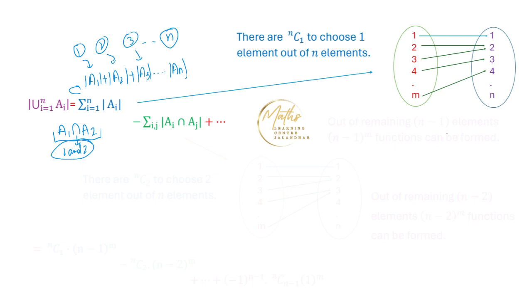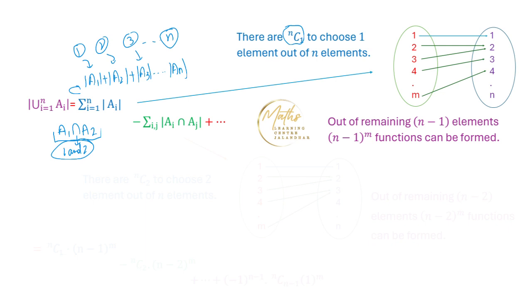And how many elements are remaining now? The number of elements remaining is n minus 1. Out of the remaining n minus 1 elements, we can form (n minus 1) raised to the power m functions.